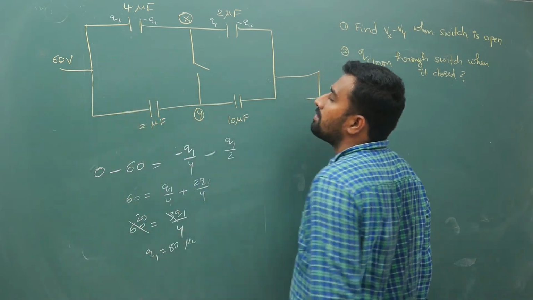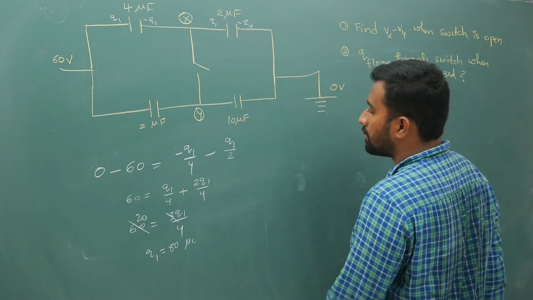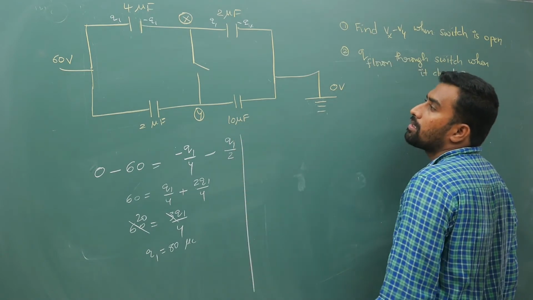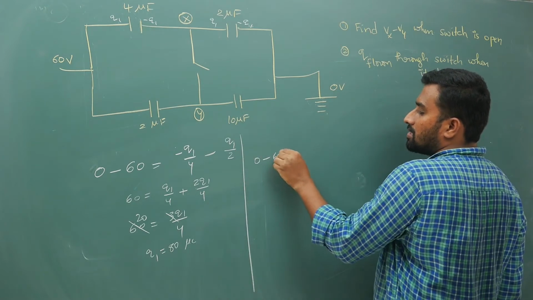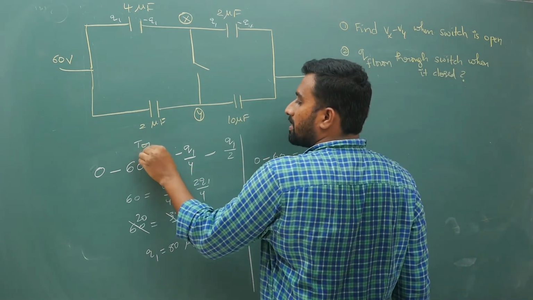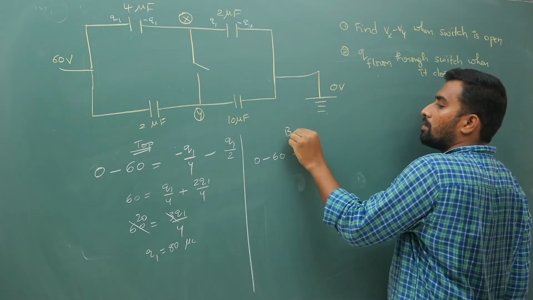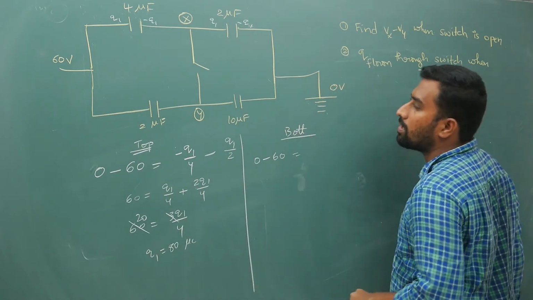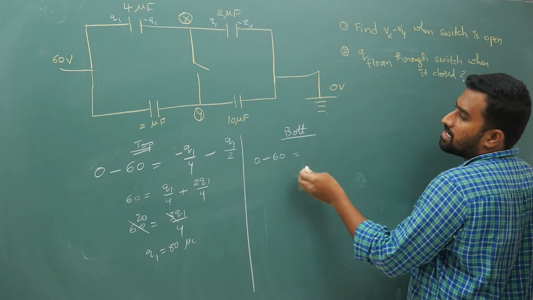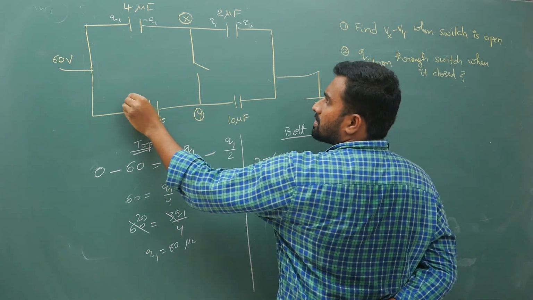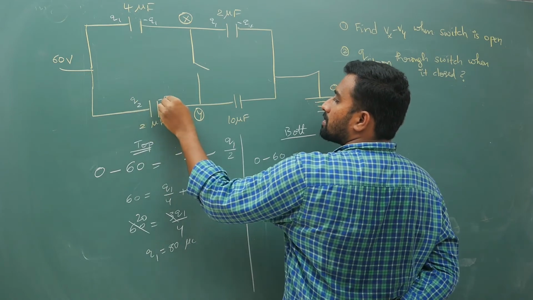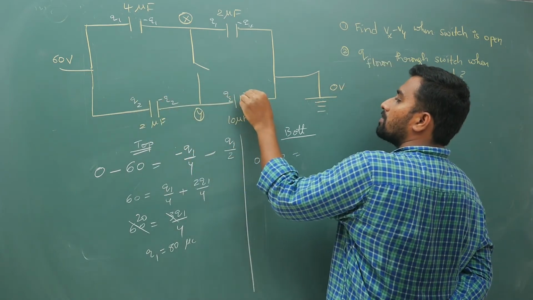So on the top there is 80 microcoulomb, Q1, and on the bottom part once again, this is your top branch, this is your bottom branch. If you go through the bottom branch, 0 minus 60 is equal to, it is Q2, minus Q2, Q2, minus Q2.